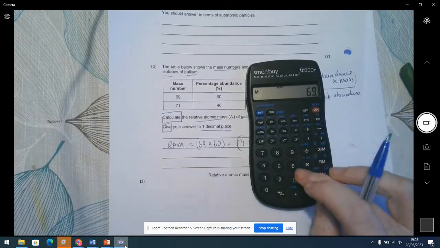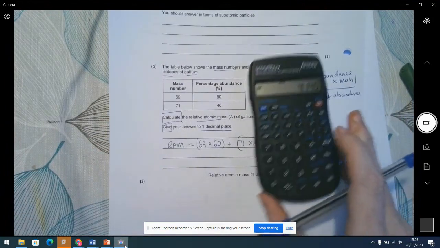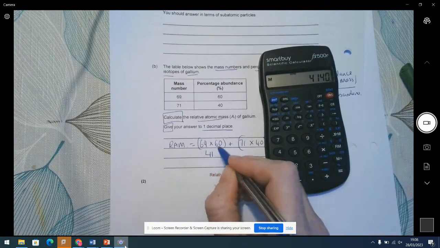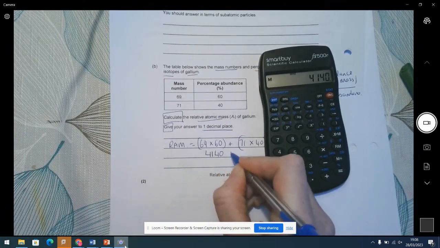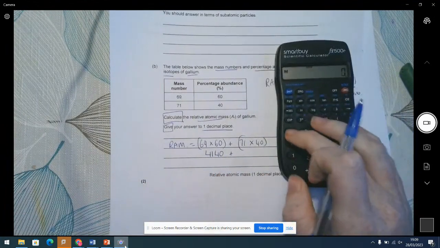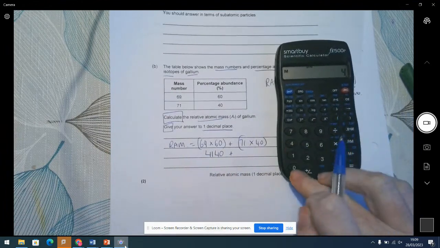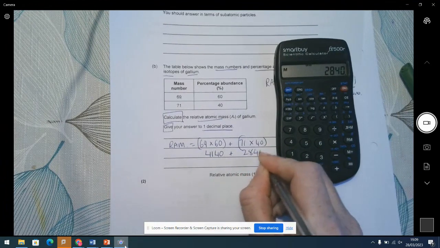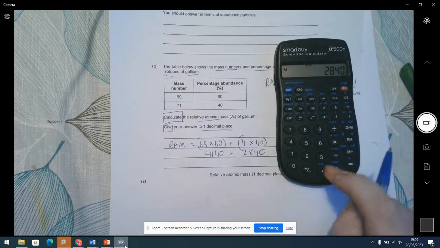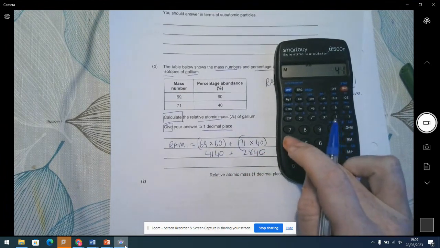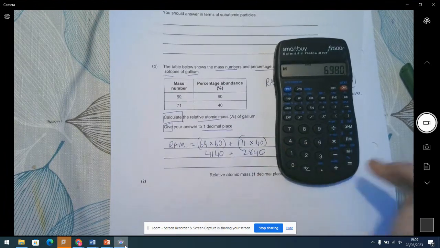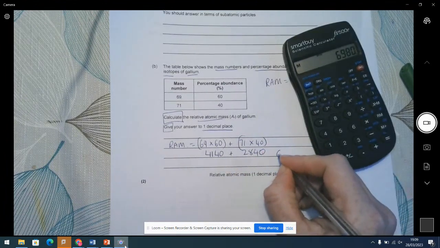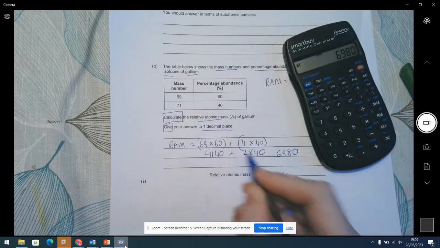So we've got 69 times by 60 gives me 4,140. And I'm adding that to 71 times by 40, which is 2,840. So I add those 2 numbers together, and that gives me a total of 6980.